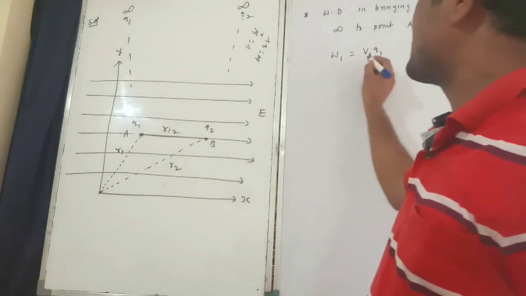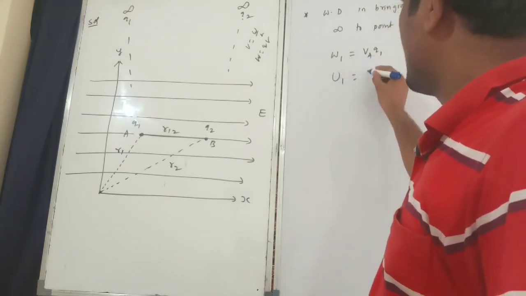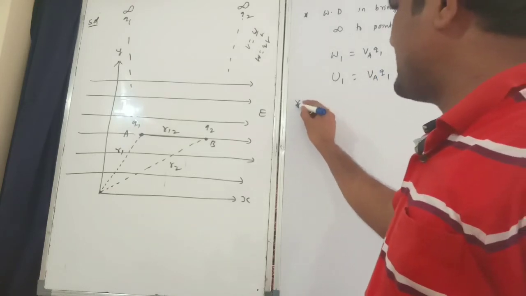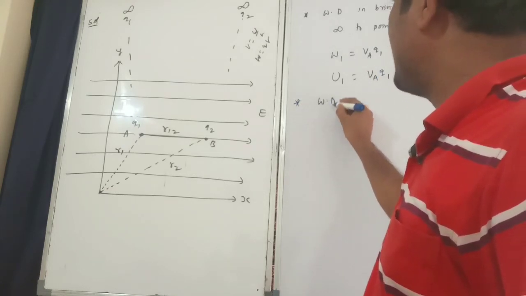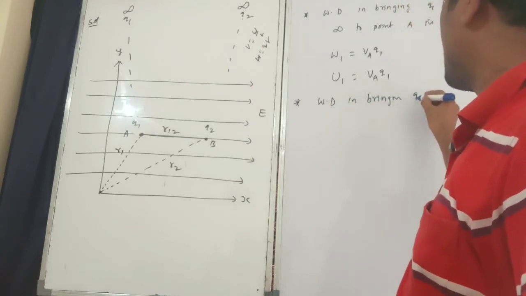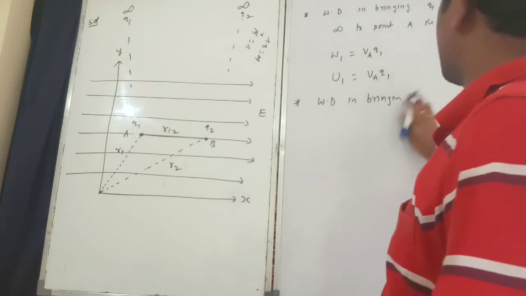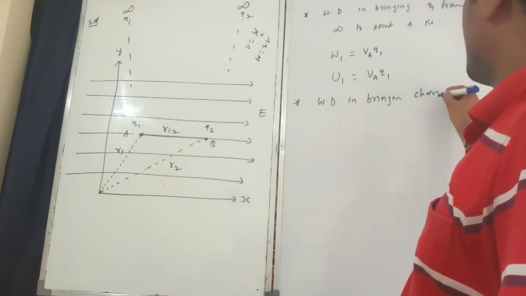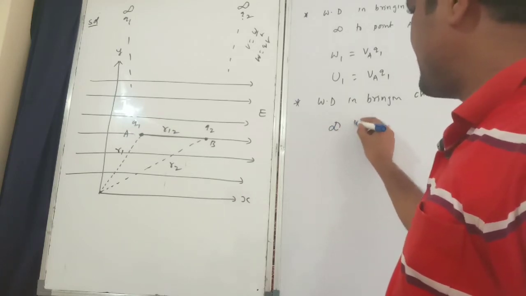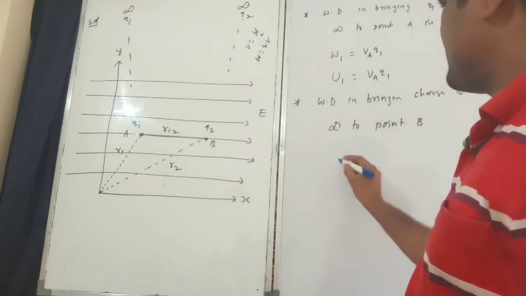Next, this is W1. So therefore U1 is equal to VA into Q1. Similarly, work done in bringing charge Q2 from infinity to point B is W2.